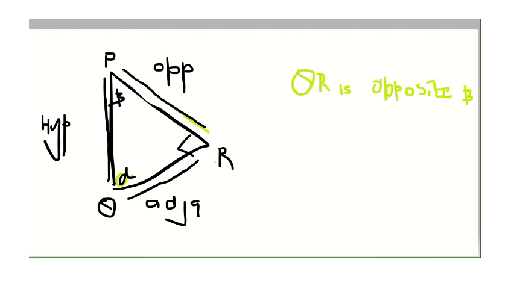Side PR was opposite alpha, but the same side PR is adjacent to beta. So the takeaway message here is that we must focus on the angle of interest first for us to define its relationship with the given side.